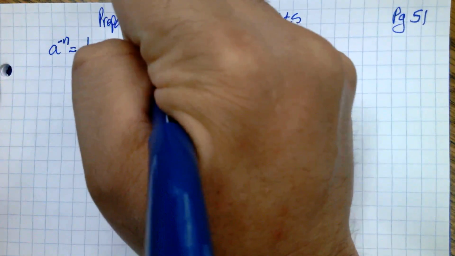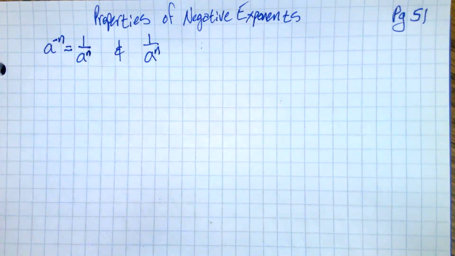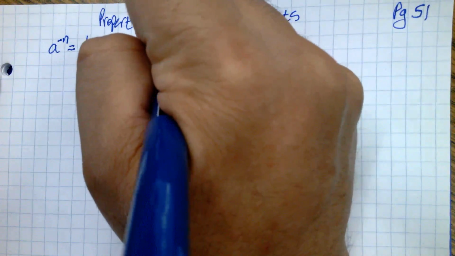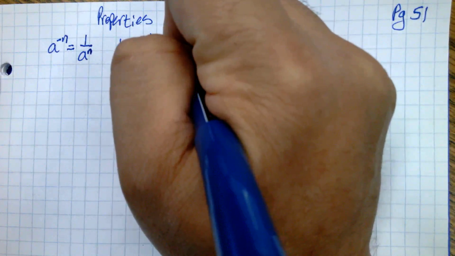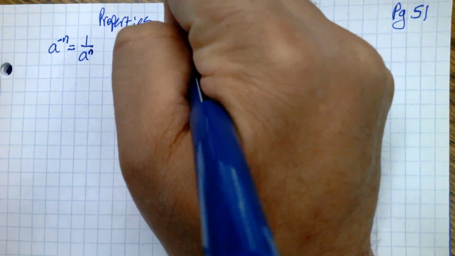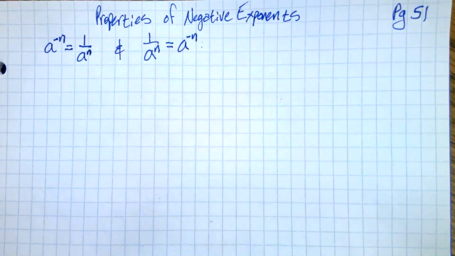Say we have 1 over a to the n. This is really just the reverse of this. 1 over a to the n equals a to the negative n, in case we want to go in reverse.